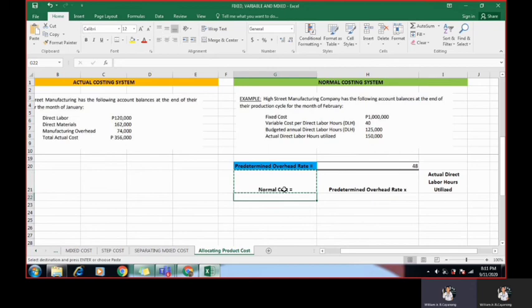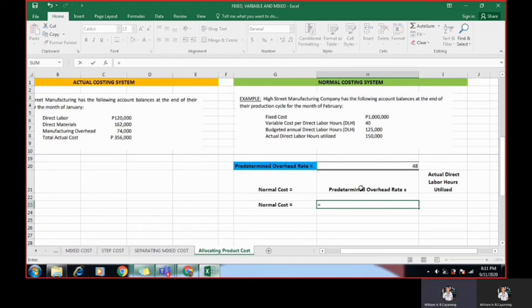You get the 48 pesos. How much is the actual direct labor hours? The actual direct labor hours is 150,000 hours. So, therefore, the normal cost is 48 multiply by 150,000. Click enter to get the normal cost.